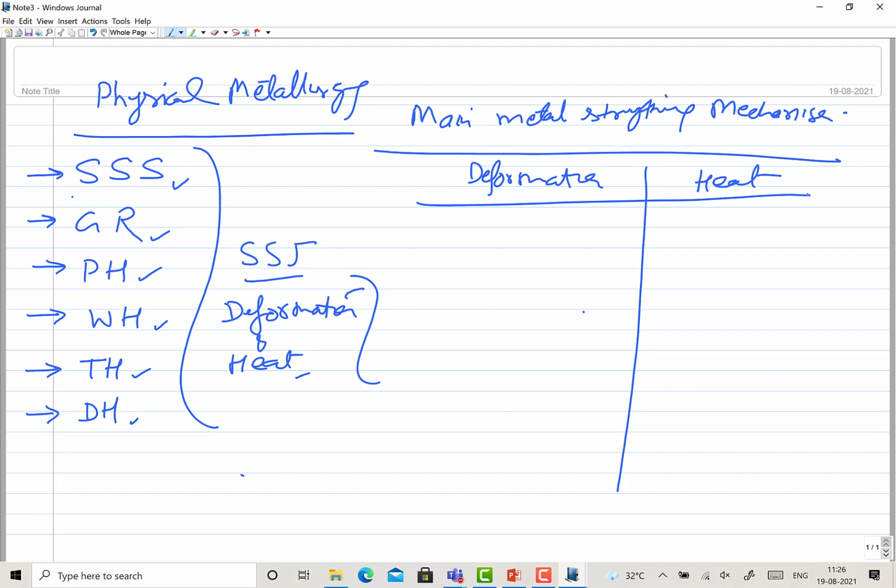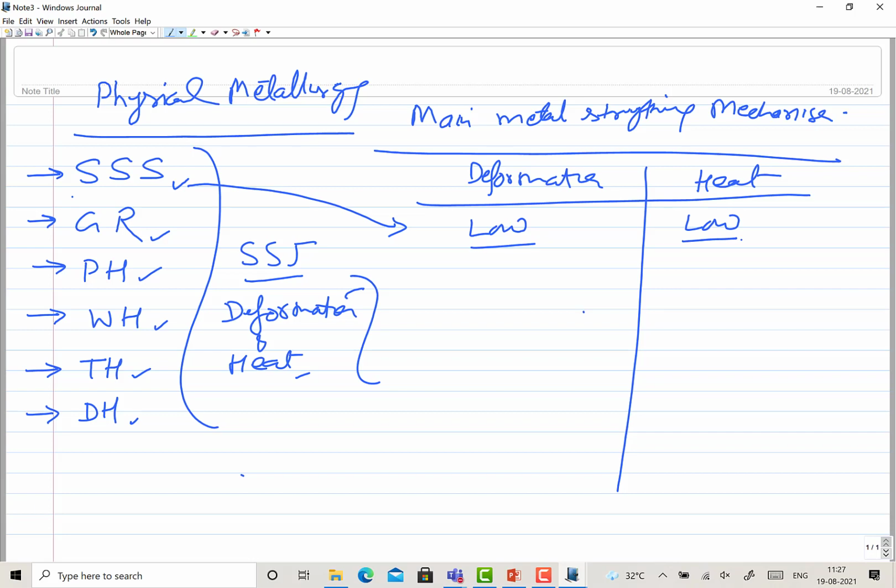The metal which is strengthened primarily by solid solution strengthening, where the role of deformation, grain refinement and other mechanisms is limited: the effect of the deformation will be low, and the effect of heat will also be low, because here the strength is primarily imparted through the presence of alloying elements in the matrix.